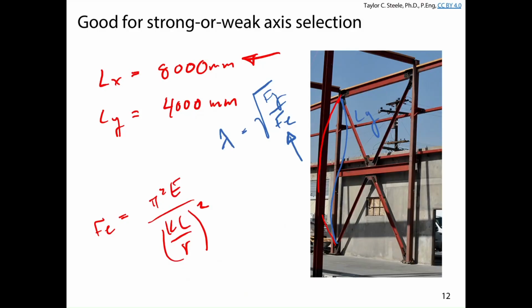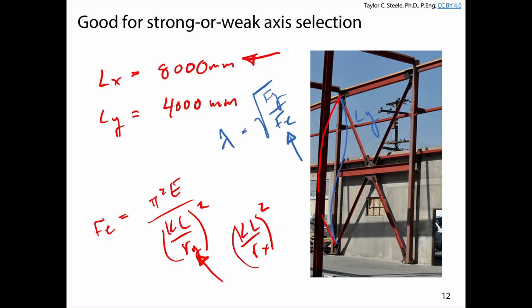They don't give it to us based on Rx, but all we need to do is figure out what the KL over R ratio is for Rx. And if we know what the KL over R ratio is relative to that for weak axis buckling, this is over Y, we want it perhaps for KL over Rx squared, right? The KL over R is slightly different, and basically what that means is we just need to change what value of KL we're looking for. Ratio of Rx to Ry, and that's what the ratio is given to us in the handbook for.